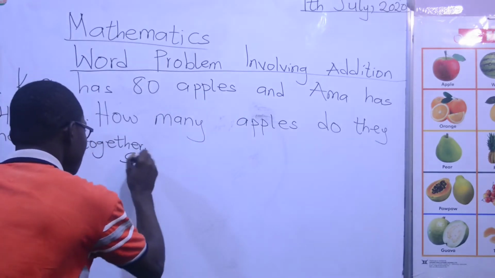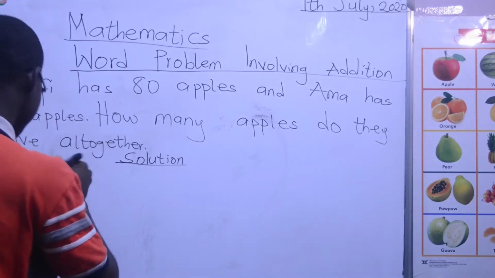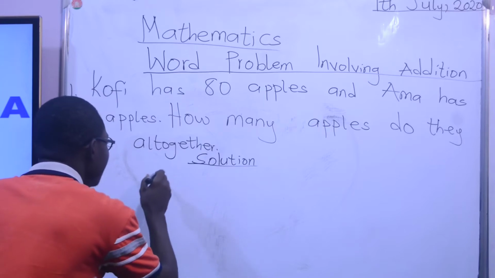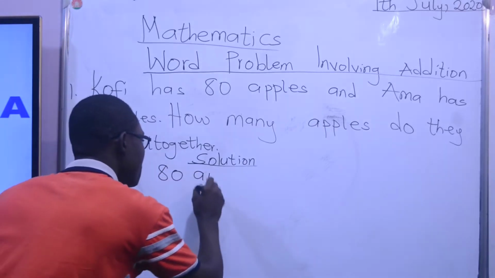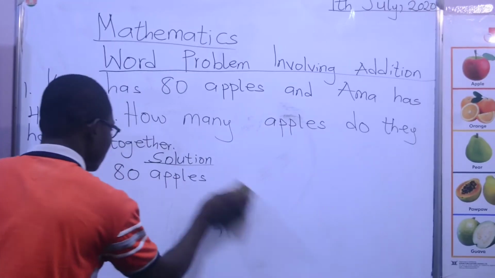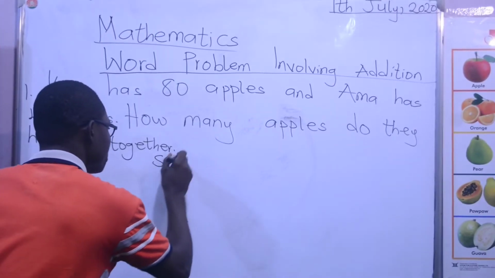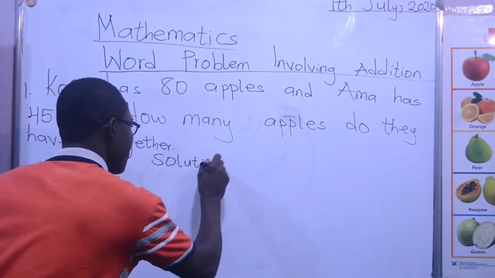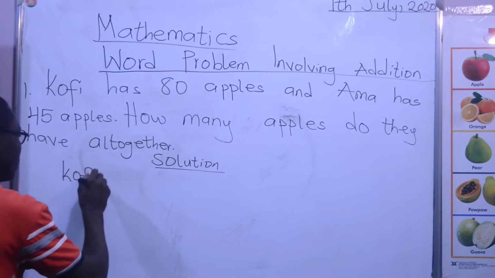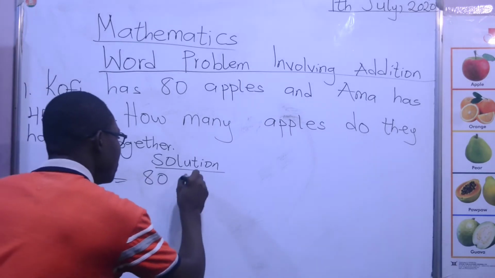So here is the solution. First of all, Kofi has 80 apples. So Kofi owns 80.